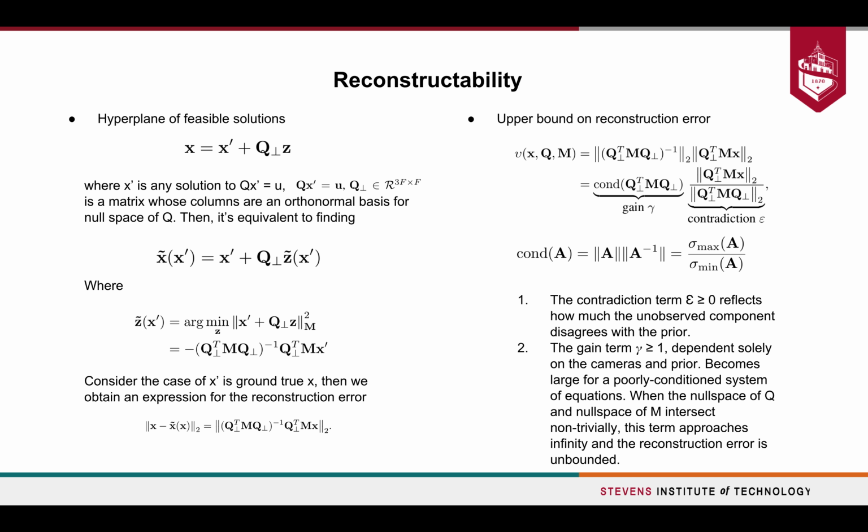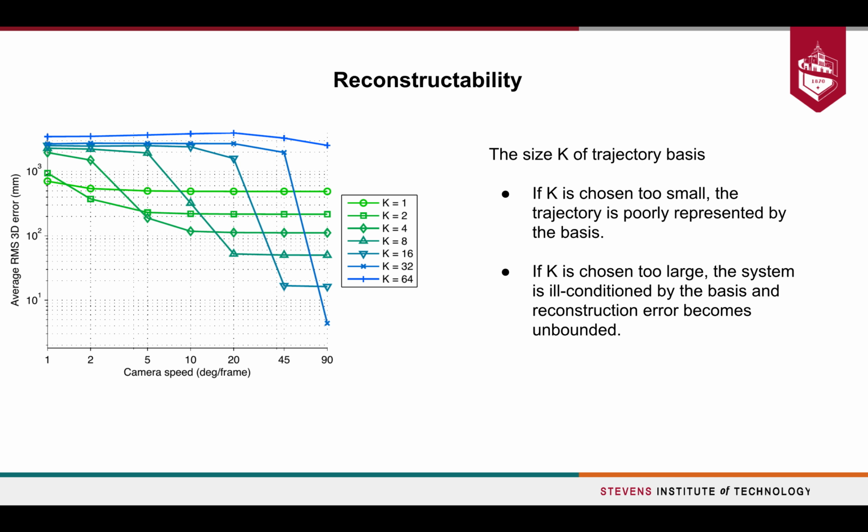So in their concept, when the number of bases increases, it is more likely to have a bigger intersection between the null space of Q and the null space of M. And then they did some experiments. You can see in this graph, the conclusion is that k is too small.